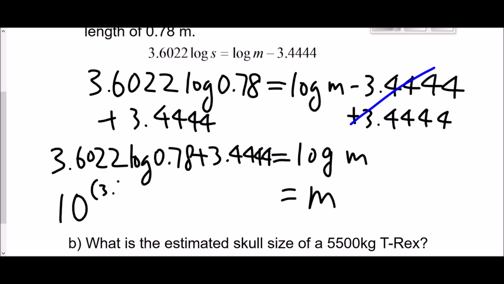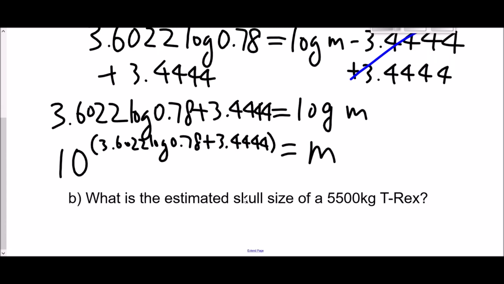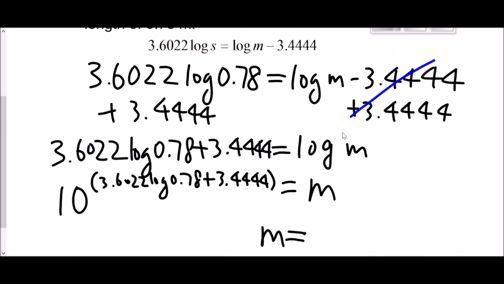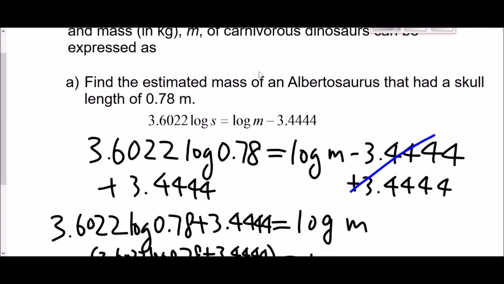So 3.6022 log 0.78 plus 3.4444. And then if you plug this into your calculator, M is, well, the question did not talk about the rounding.